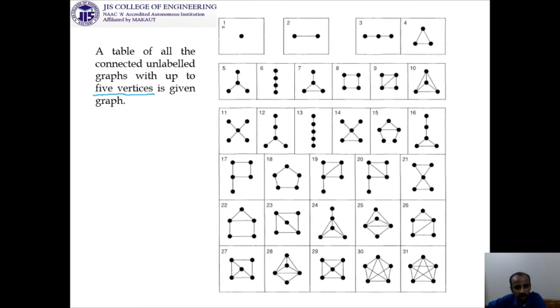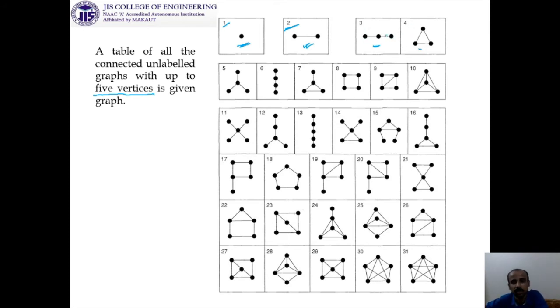This one indicates the number of vertices. If you consider the number of vertices as 1, you get only one representation. Moving forward, if the number of vertices is 2, then only this is possible. Similarly for 3, similarly for 4.